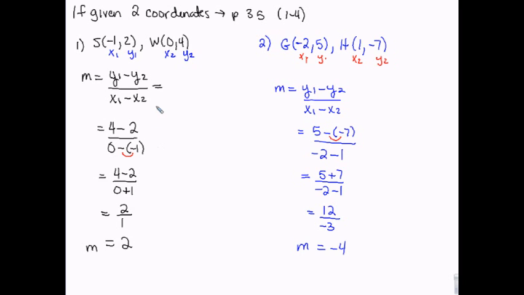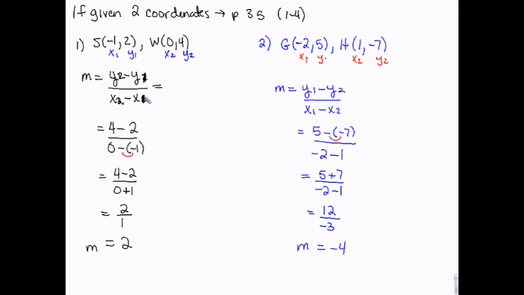No, because this is an x and this is a y, so the y's go together and then the x's go together. Oh, yeah, I did that backwards, because I'm used to doing y2 minus y1. But it doesn't matter which, just so long as you do them in the same order. So I had the 2's in the front and the 1's in the back.